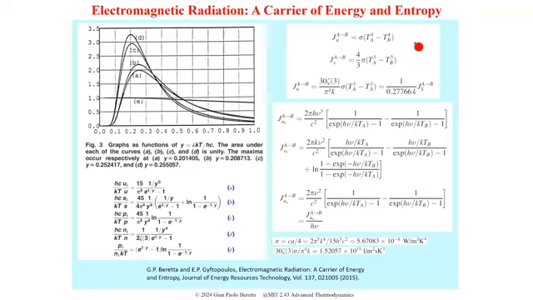So sigma times T to the 4th, where sigma is the Stefan-Boltzmann constant, is written down here. I'm not sure you remember it. This sigma T to the 4th is the amount of energy that goes out of body A, and this is the one that goes out of body B. So they exchange, and the net exchange is the difference.